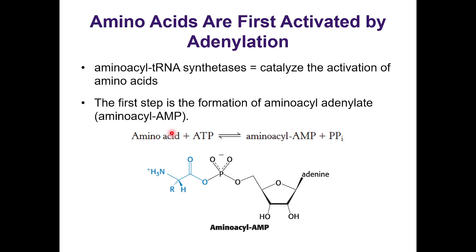So we have the amino acid here. This is going to react with ATP. This is going to give you your aminoacyl AMP. Now notice this will provide energy, right? Because we're cleaving off those two phosphate groups. Remember how this was not thermodynamically favorable? Guess what? We're getting thermodynamically favorable, aren't we?